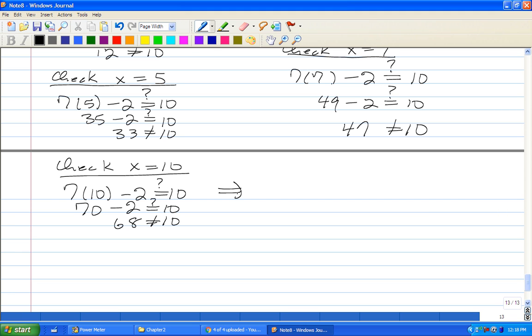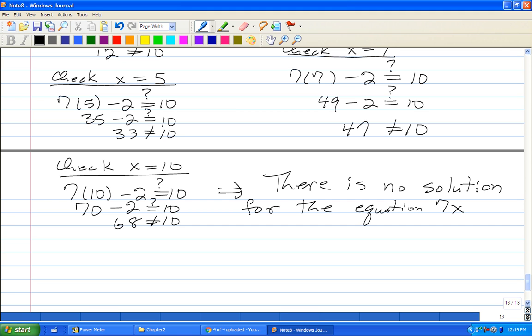Therefore, there is no solution for the equation 7x minus 2 equaling 10 in the set 2, 3, 5, 7, 10.